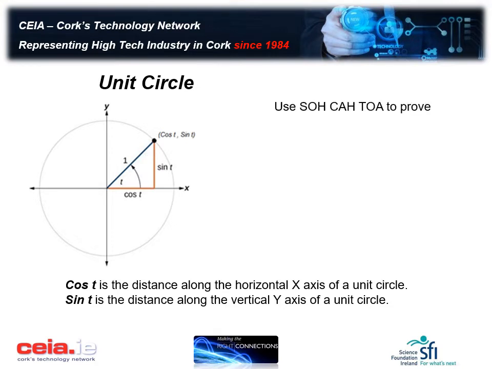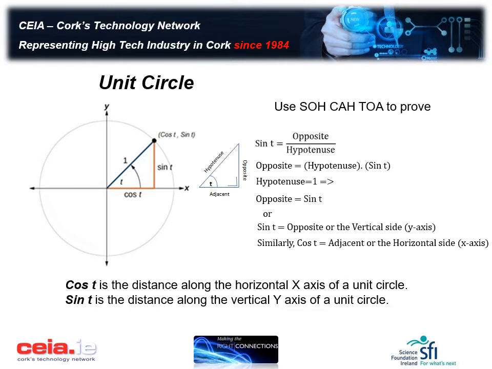So this is quite easy to prove using SOHCAHTOA. So just using a right angle triangle, taking sine for example, the sine of angle t will be the opposite over the hypotenuse. Okay, so just rearranging this equation, the opposite will be hypotenuse multiplied by sine t, but in the case of a unit circle, hypotenuse equals 1.